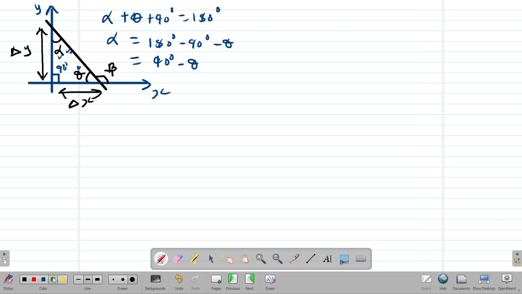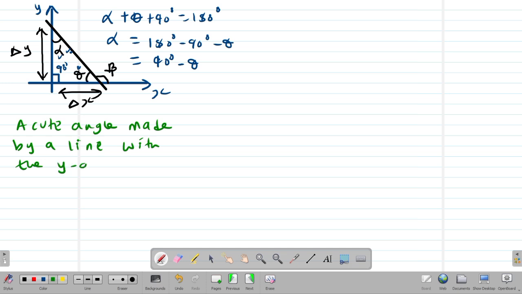Therefore, we can conclude and say that the angle made, not just the angle, but to be specific, the acute angle made by a line with the y-axis will be given by, so we found that the angle, which is angle alpha in this particular case.